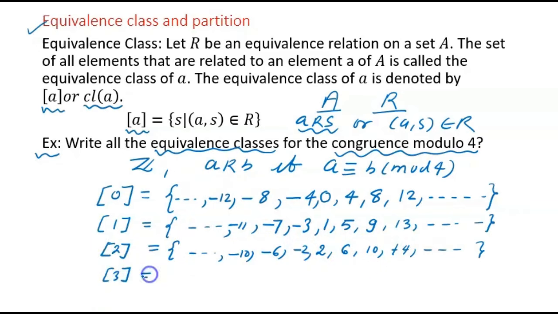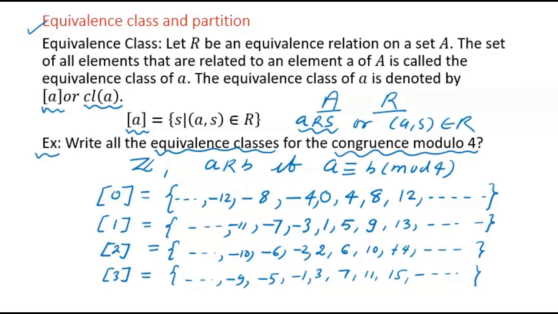Now what is the equivalence class of 3? So equivalence class of 3 will be 3, then 7, then 11, then 15 and so on. We are just adding 4 to each of the elements, and then if I subtract 4 from 3, I will get minus 1, then I will get minus 5, then I will get minus 9 and so on. So we have got 4 classes: class of 0, class of 1, class of 2, class of 3.